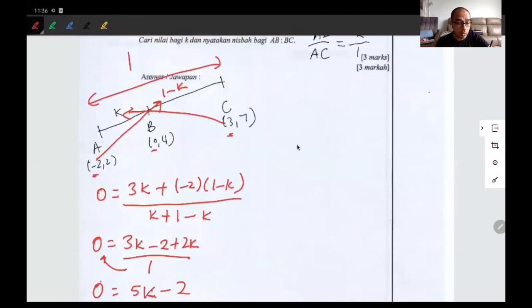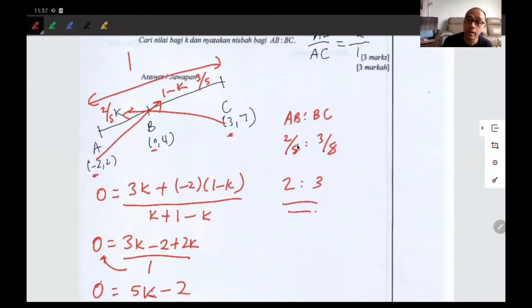If this is 2 over 5, what is 1 minus K? 1 minus K is 3 over 5. So what is the ratio of AB to BC? 2 over 5 to 3 over 5. If I simplify this, I'll get 2 to 3. And this is my final answer.